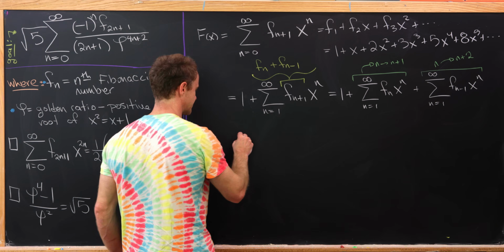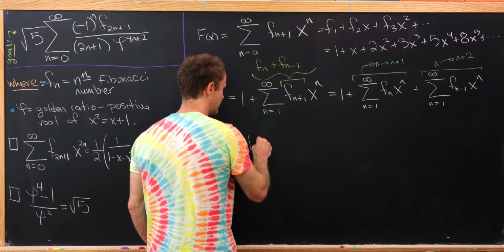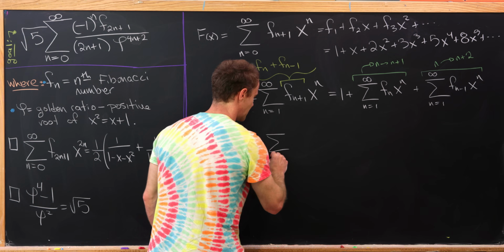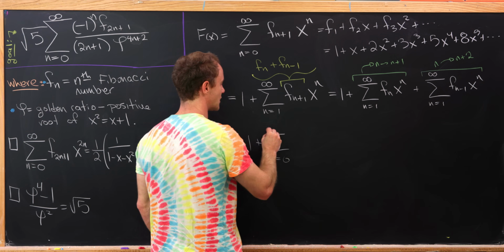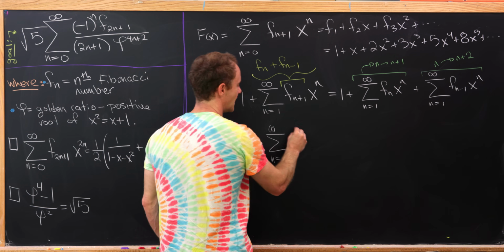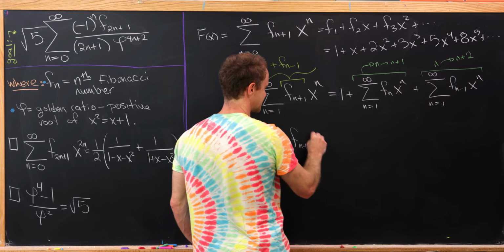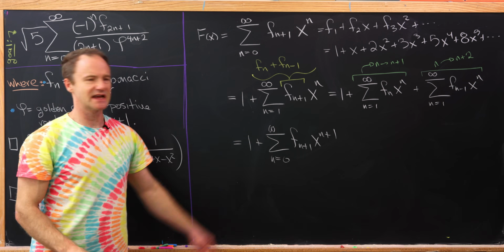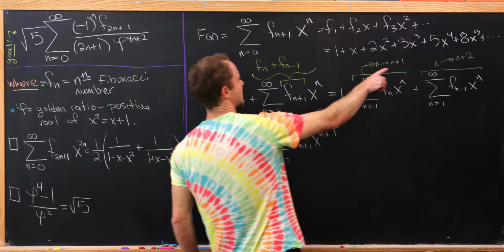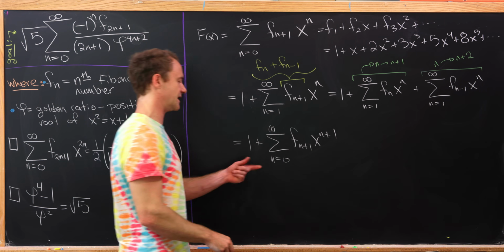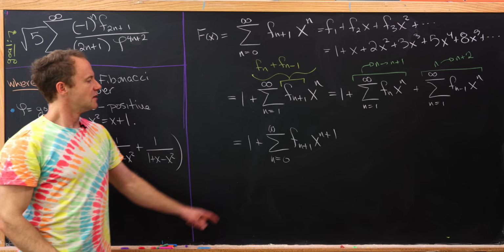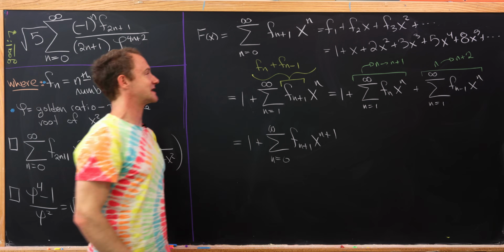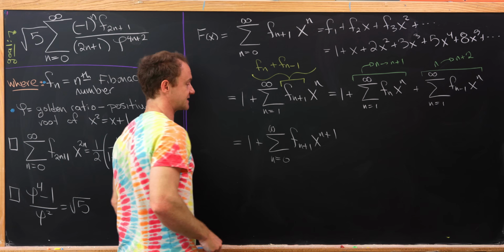So let's see what that leaves us with. We'll have 1 plus the sum as n goes from 0 to infinity of F_(n+1) times x^(n+1). So why is this at 0? Well, notice if we exchange n for n plus 1, when n plus 1 is 1, n is equal to 0. But now I want this to look exactly like our starting series.